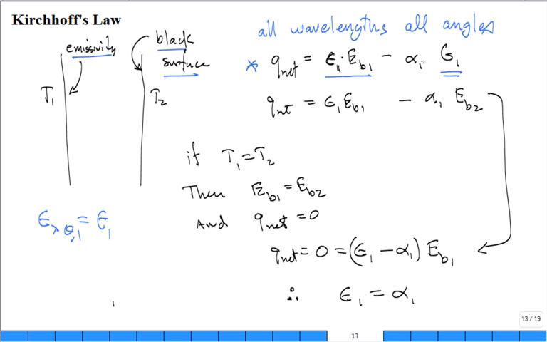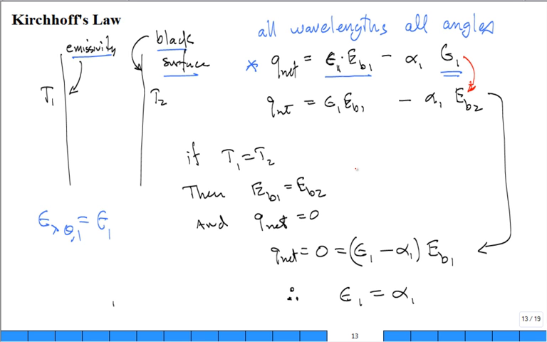Okay. What are we doing from here to here? G1 to EB2. Surface 2 is a black body. The only thing coming off of surface 2 is emission from surface 2, and that's the only thing incident on surface 1. So we can replace G1 with EB1.